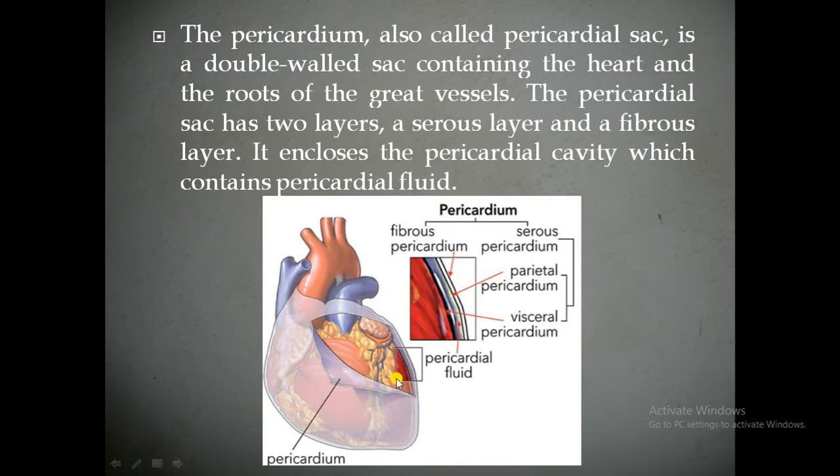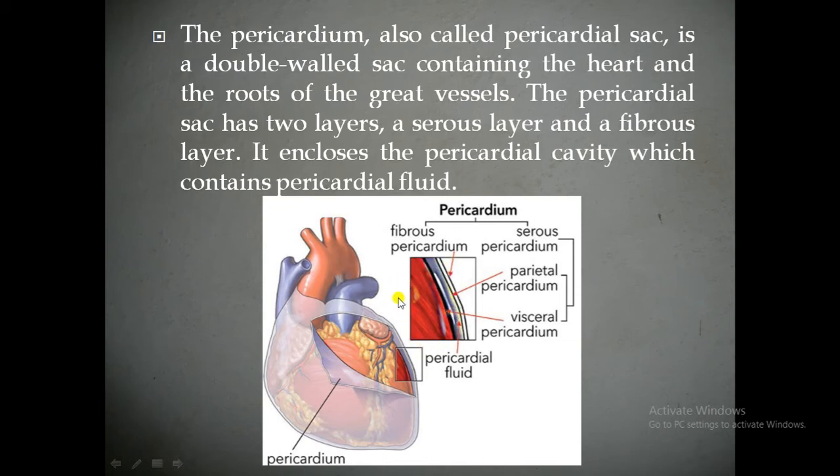One is the fibrous layer and the second is the serous layer. This outer one is the fibrous layer, and then the inner one is the serous layer. The inner one is again divided into two parts: this one is parietal and this one is visceral. So these are the layers of the pericardium.